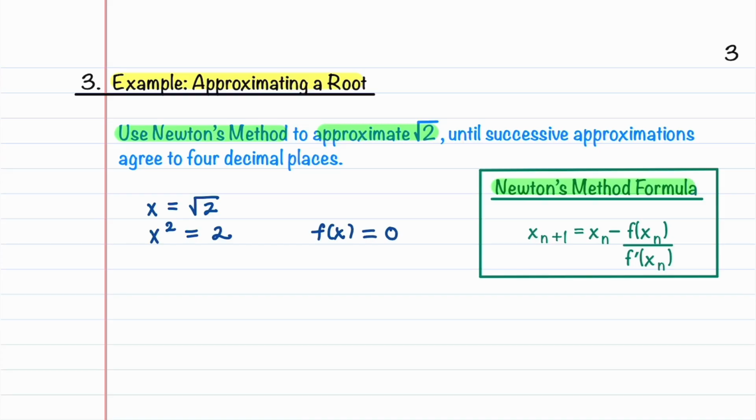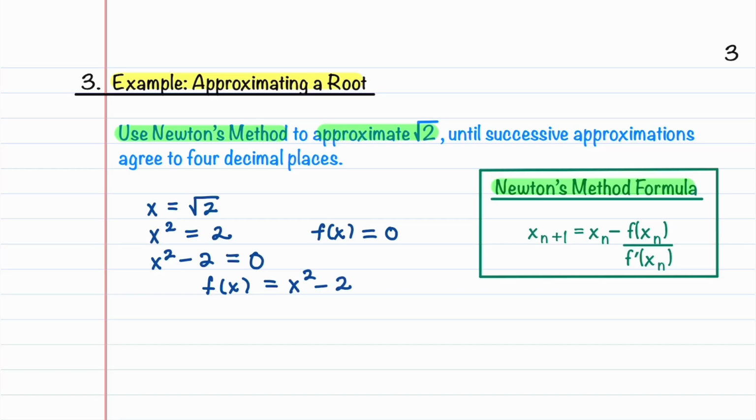So we have to get our equation in the same format as this equation. So we're going to subtract 2 from both sides, and we get x squared minus 2 is equal to 0. So we can say that f of x is equal to x squared minus 2.